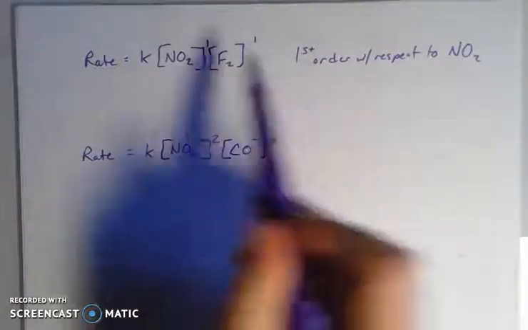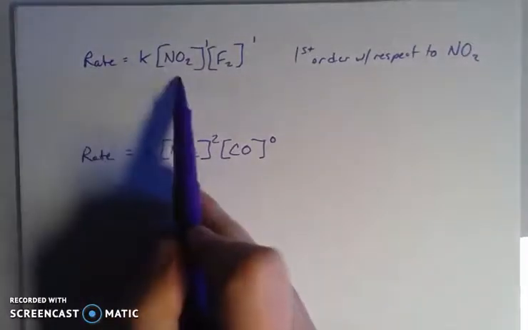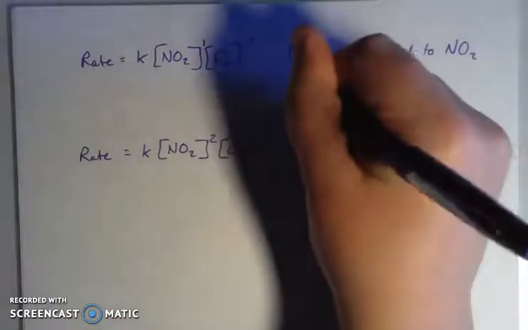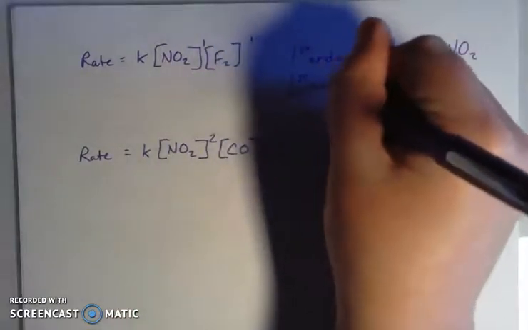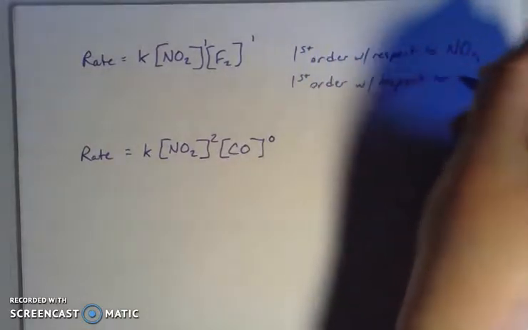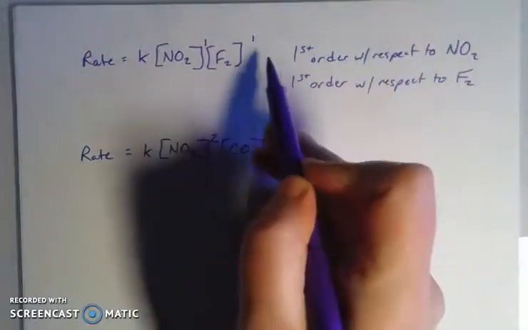Which means there's a first order dependence of the rate on the concentration of the NO2. We'd say it's also first order with respect to the fluorine, because of the exponent here.